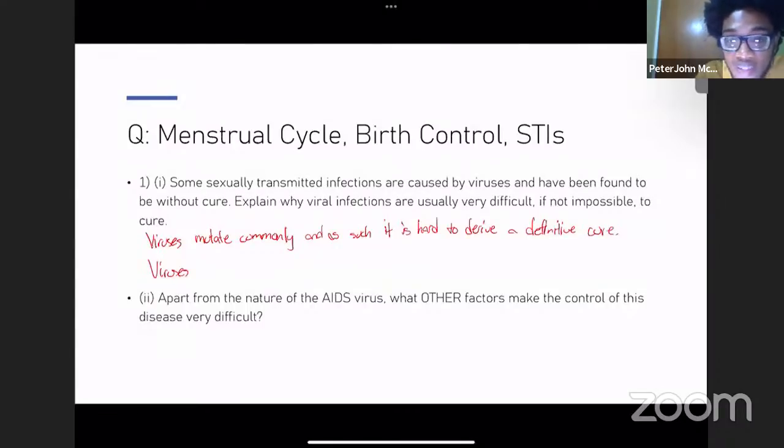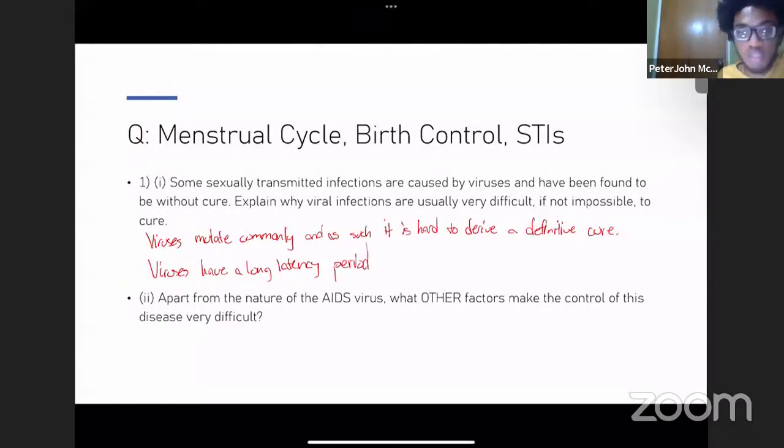That's also why it's very difficult to treat. By latency period, I mean a period before the virus actually starts to kill you. Stuff such as those.